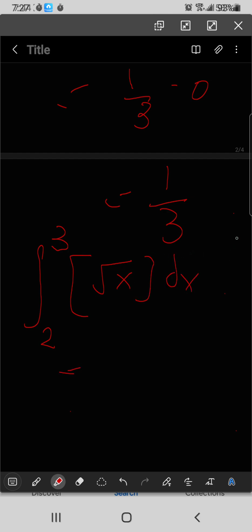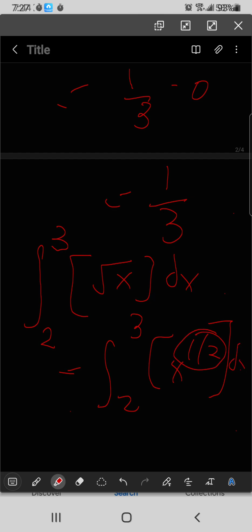Now, let's make it more complicated. What is the integral of the square root of x dx evaluated from 2 to 3? So let's write this as a rational exponent.